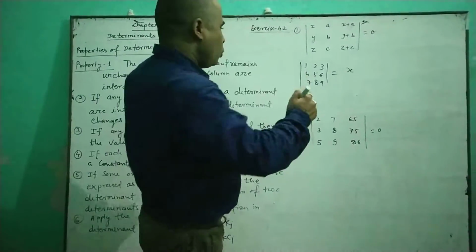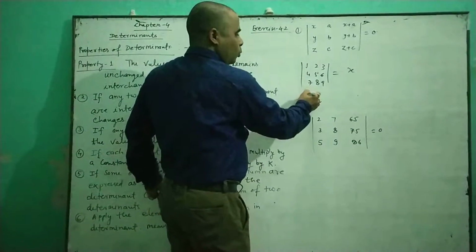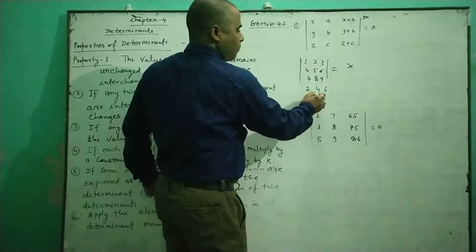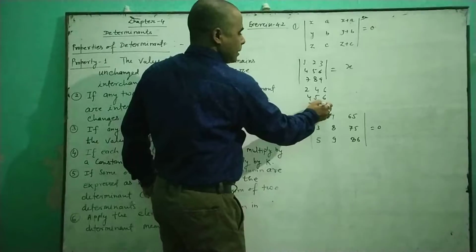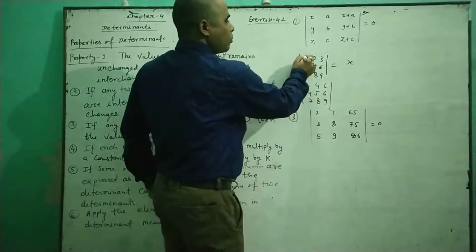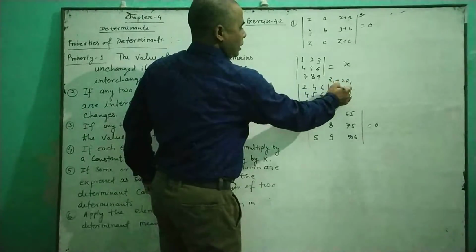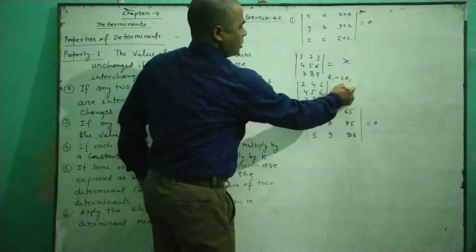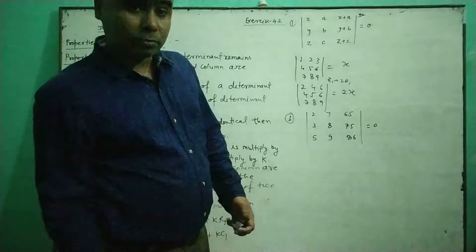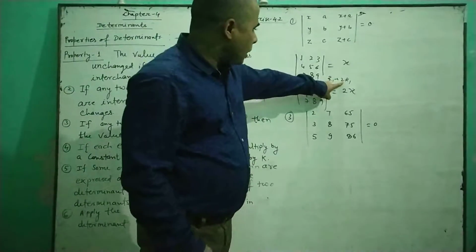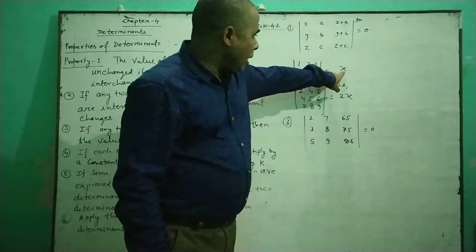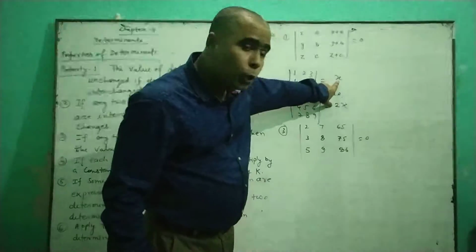Now this one is 2, 4 and 6, and 4, 5, 6, 7, 8, 9. Why? Because R1 tends to 2 into R1. Now the value x becomes 2x, because when we multiply by 2, the value is multiplied by 2.